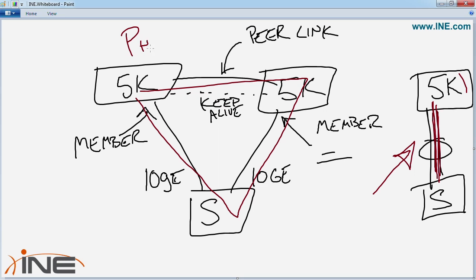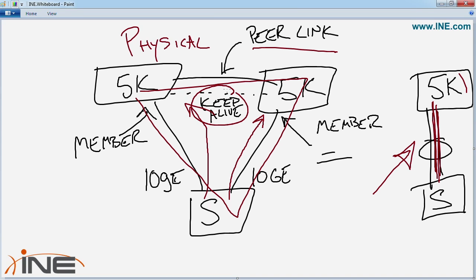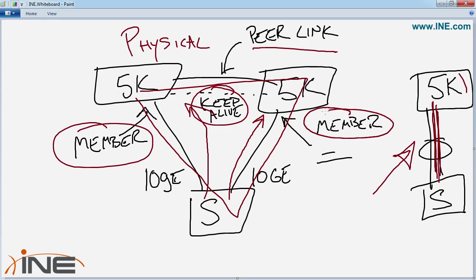The physical topology is actually a triangle connection of links, where we have one, or I should say one or more, links going upstream to the VPC peers. The VPC peers then have the peer link and the keep alive that are used to synchronize the control plane between them. Then these member ports are what's actually used for the data plane forwarding.